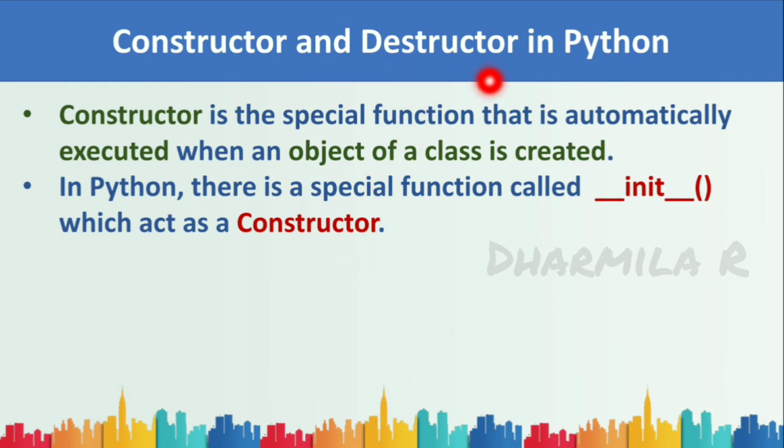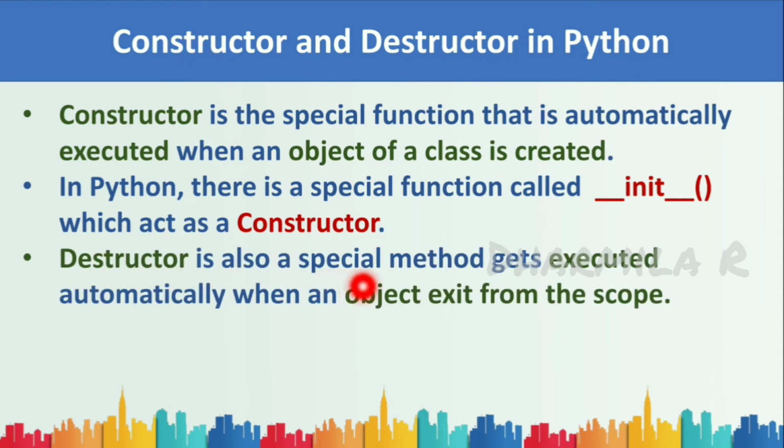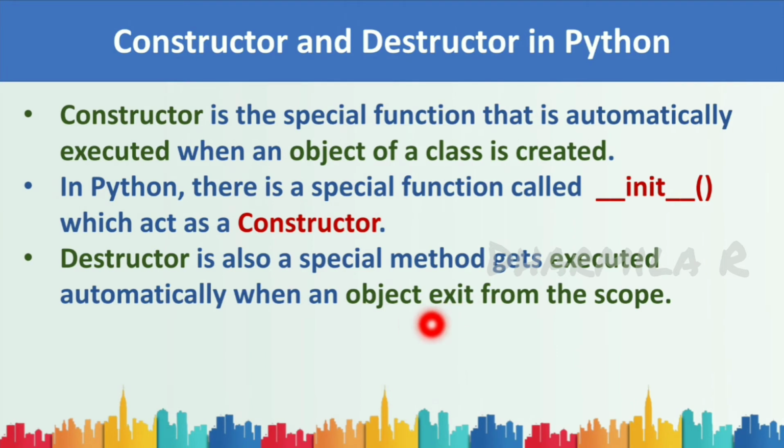So what will be a destructor? It will be the opposite of a constructor. Yes. So a destructor is also a special method, which gets executed automatically when an object exits from the scope. So the exact meaning of an object exiting from the scope is when the program is completely done. So after the execution, the variables and their values will be freed.